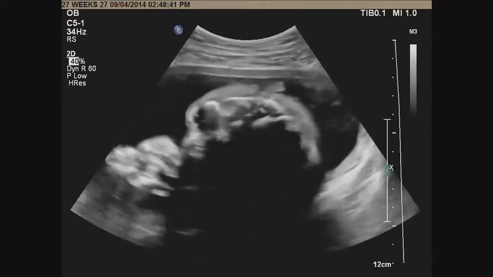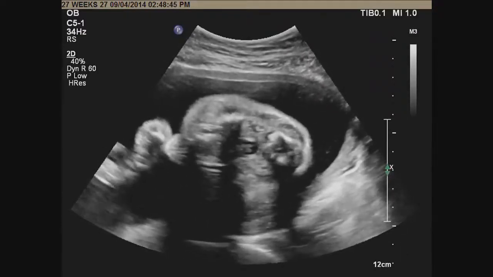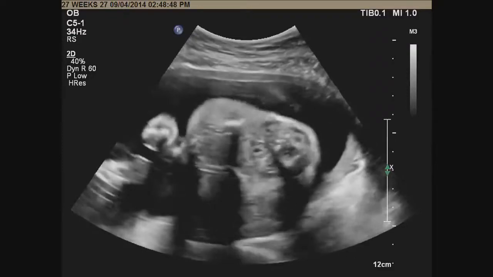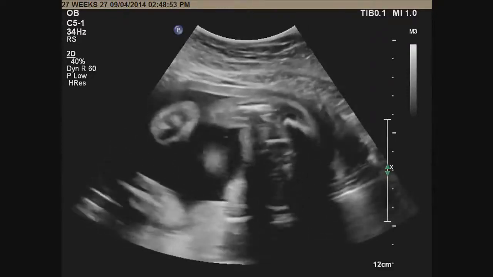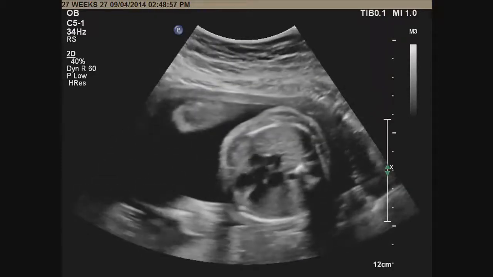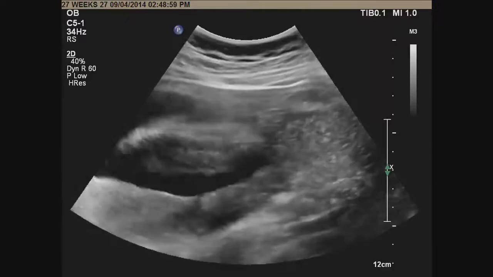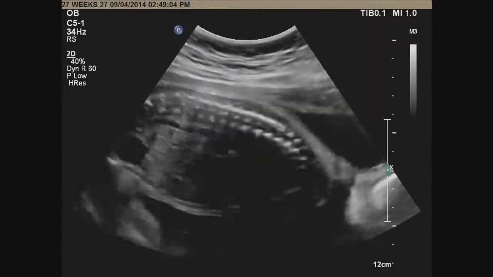And then I'll find where the spine is. So I'm going to slide up. And the spine is on the left side. So knowing that, I know that the left side is down, based on the baby being in a longitudinal lie. I can get a sagittal view of the spine by going totally towards the left side.